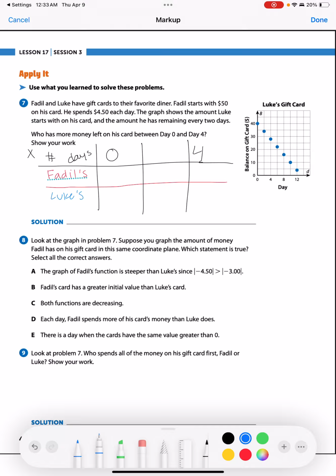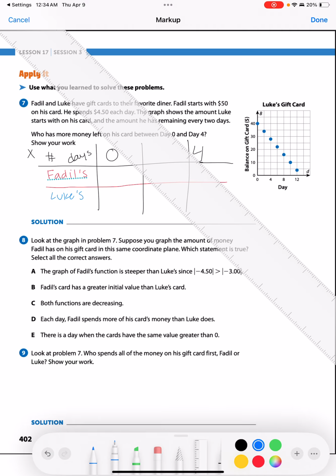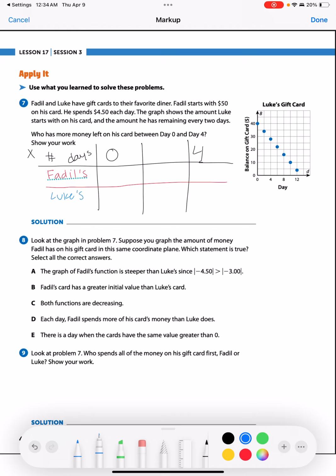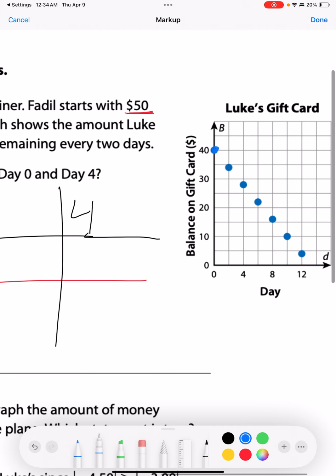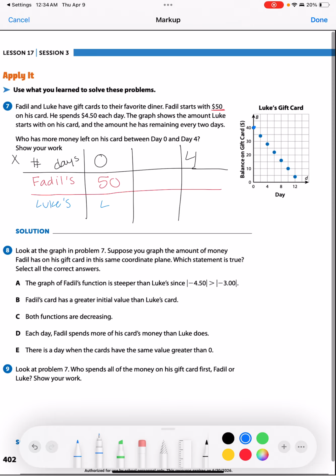Okay. So at day 0 is how much money they start with on their card. Fadil starts with 50 from the description. And Luke starts with 40, and we can see that from the y-intercept on the graph. For Fadil, we know he spends $4.50 each day, and I'm changing by 4 days.